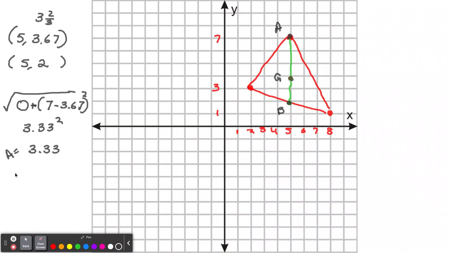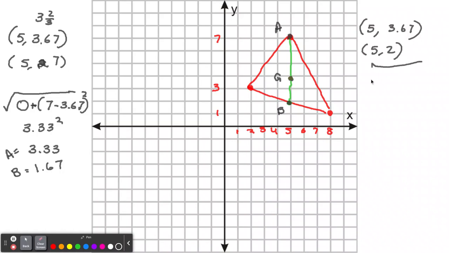That means the length of B should follow the ratio of 2 to 1. So if we do the math correctly, it should be about 1.67. If we don't get 1.67, we did something wrong. Let's check. Again, we have (5, 3.67) for G, the centroid, and (5, 2). Last time we did (5, 7); now we're doing (5, 2).